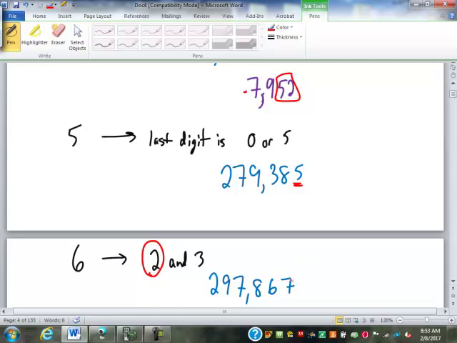Looking at this one, is this divisible by 2? No, because the last digit's not even. It's a lot quicker to see if it's divisible by 2. For 3, I got to start adding the digits together. Well, why bother adding the digits together when I can just look at that last one and say, hey, it's not divisible by 2. So until I know it's divisible by 2, I'm not going to bother adding the digits together. So that one is not divisible by 6.